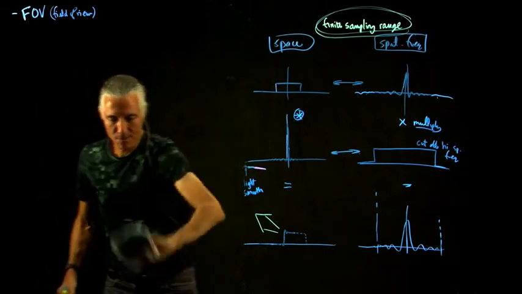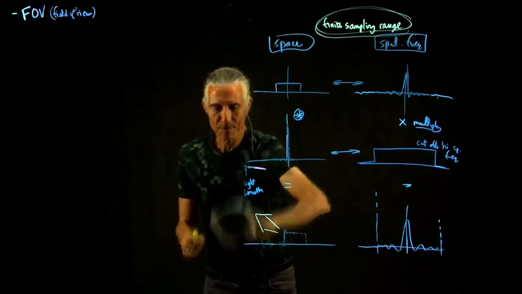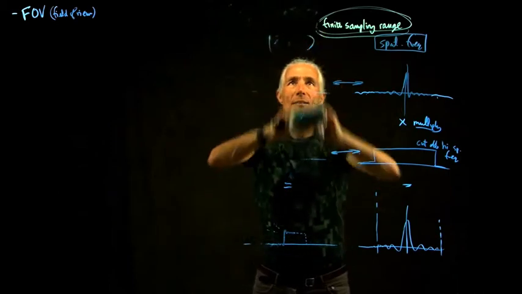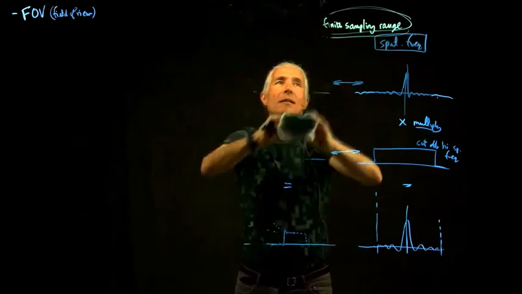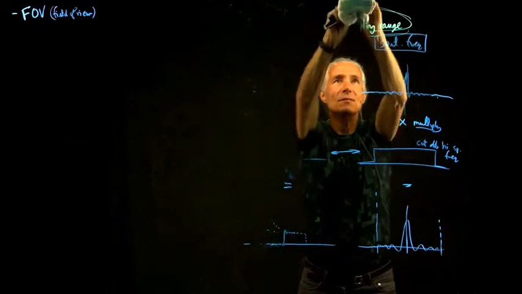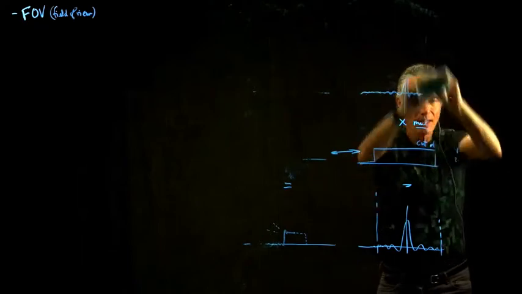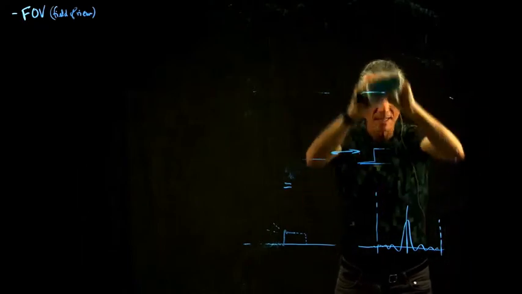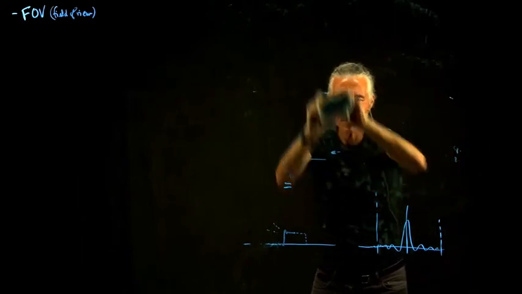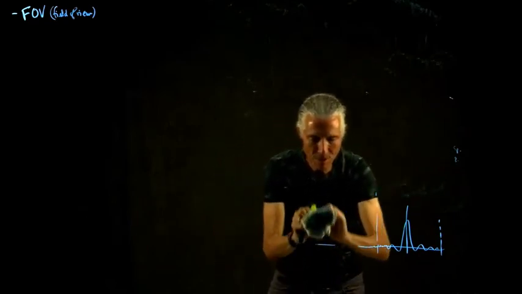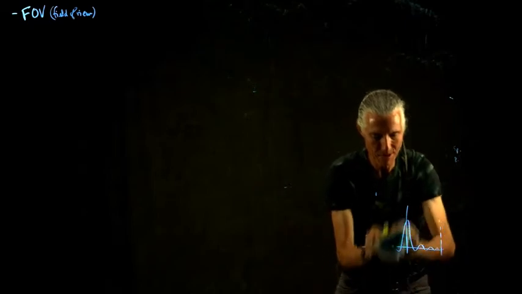So let's give some more examples that are slightly more relevant to what you might run into on the scanner. Because the field of view is so counterintuitive, it's got an intuitive name, but normally you're not thinking of replicas when you think of field of view.